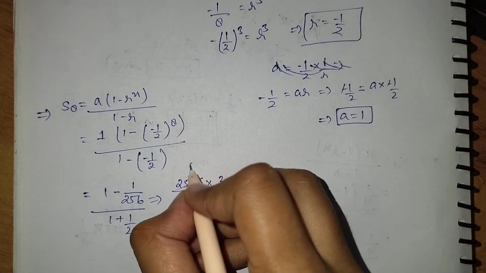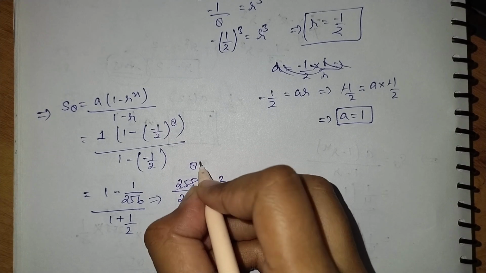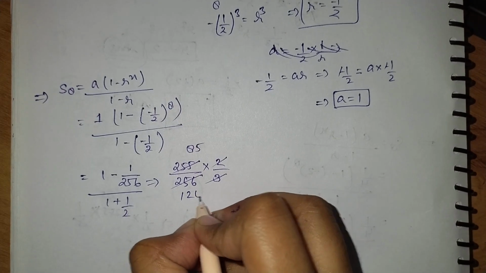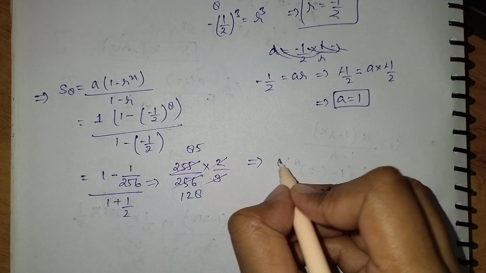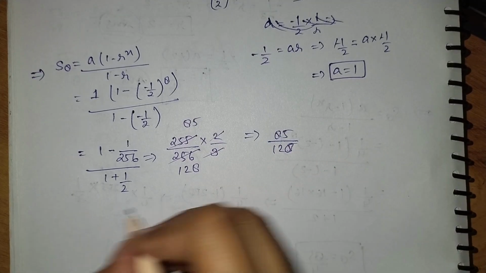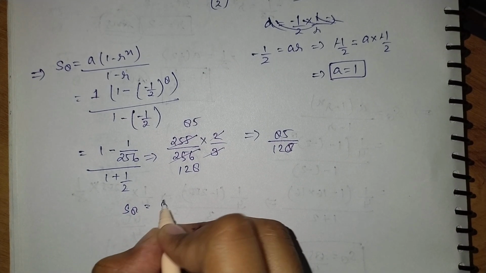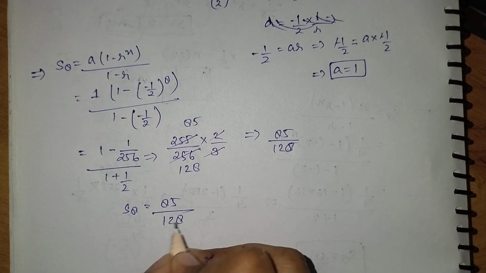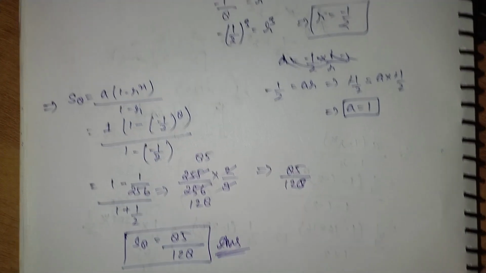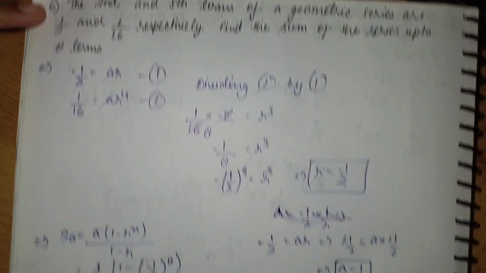So solving this part, it will be cancelled out by 85 here, and by 128. So the final answer, the sum of 8 terms of the given GP here, is 85 divided by 128.